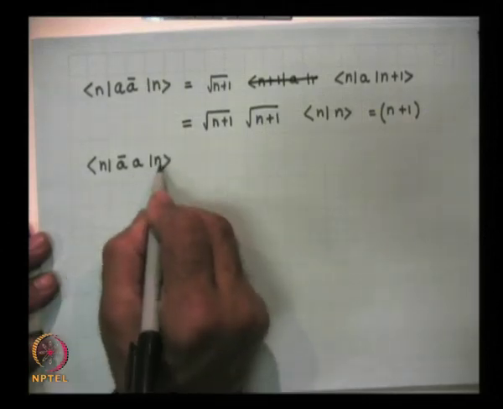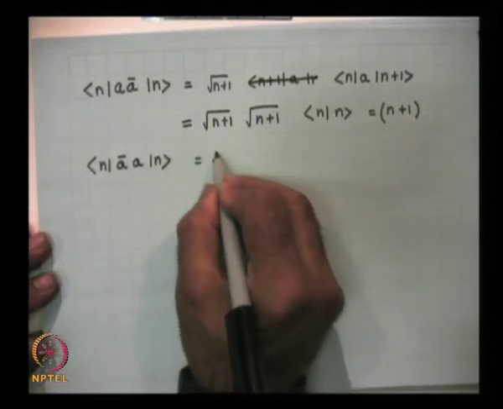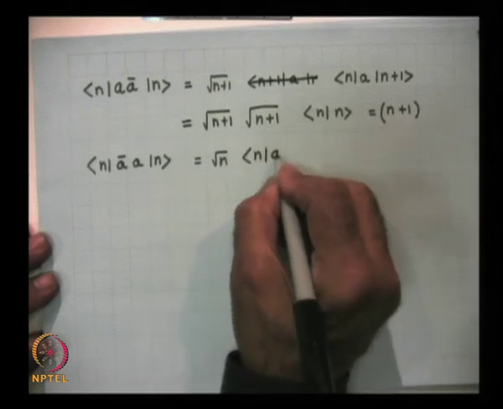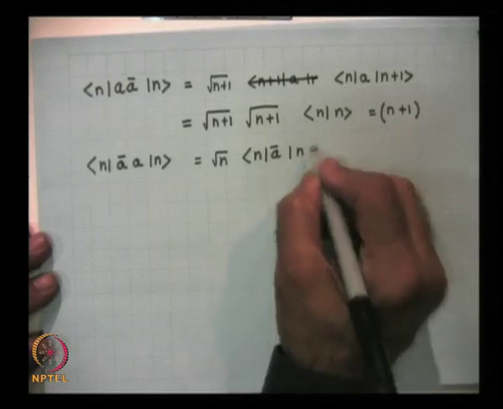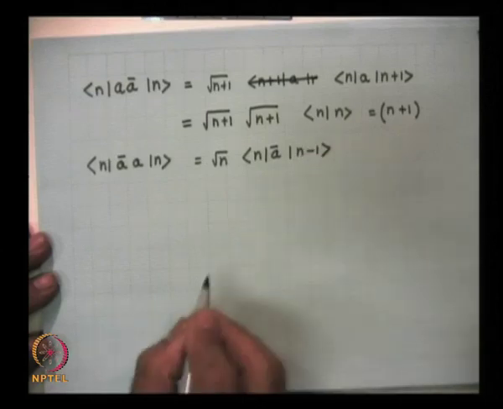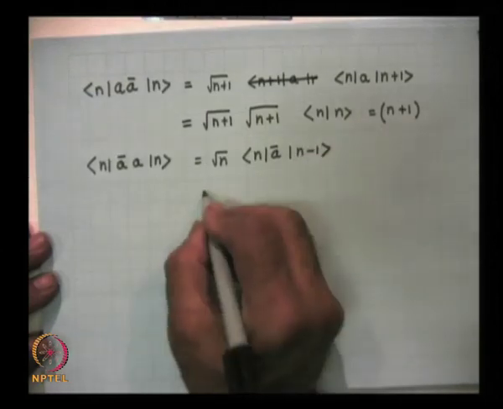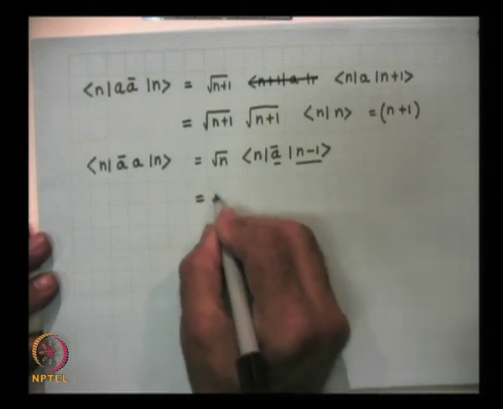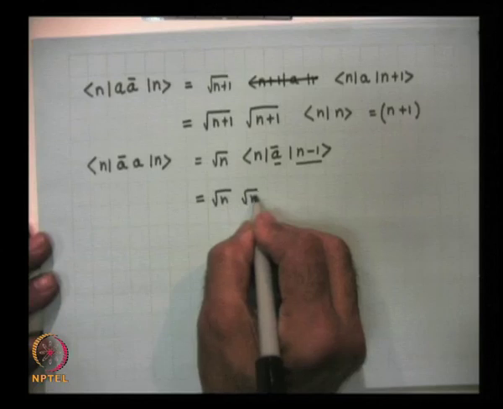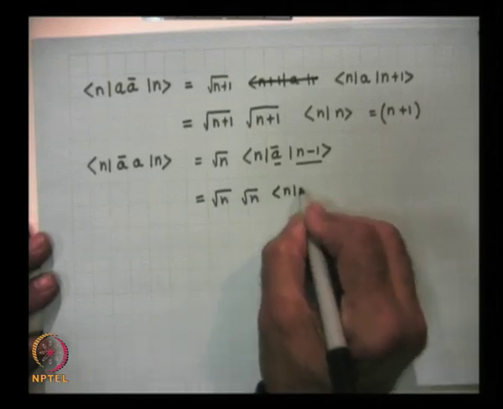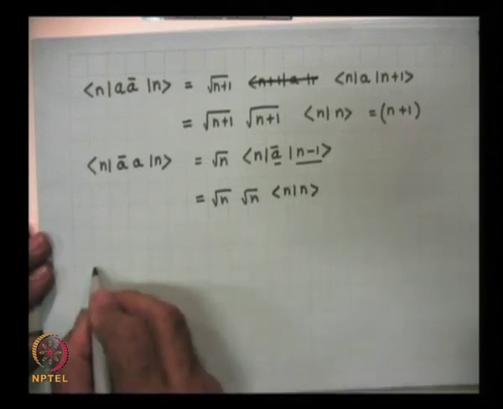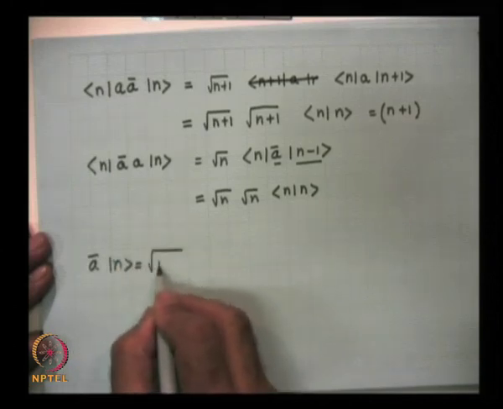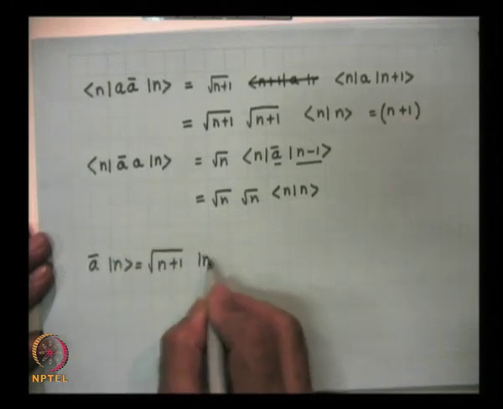Let me do the other one, bra n a bar a ket n. So, a ket n will be square root of n, ket n minus 1, and a bar ket n minus 1 will be square root of n, ket n, because you remember that a bar ket n is equal to square root of n plus 1, ket n plus 1.